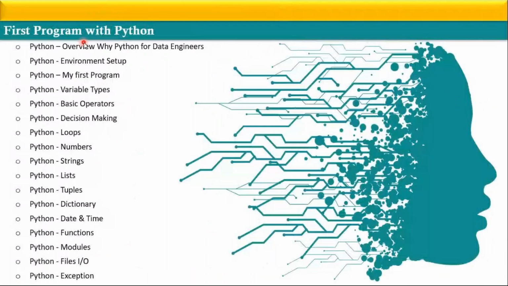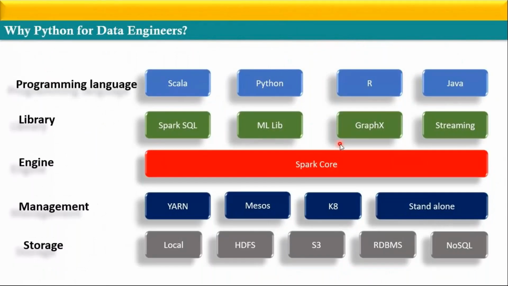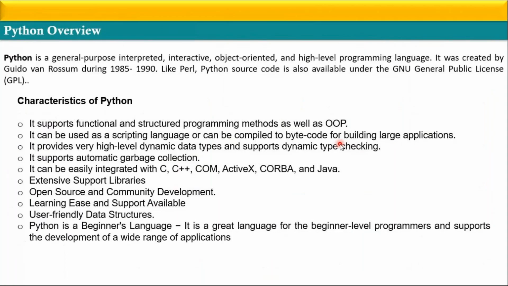So these are the course modules that we are going to cover in our journey with Python for data engineers. And this is an overview of where Python came into the picture. It is functional programming as well as object oriented, having the methodology of OOP concepts as well.